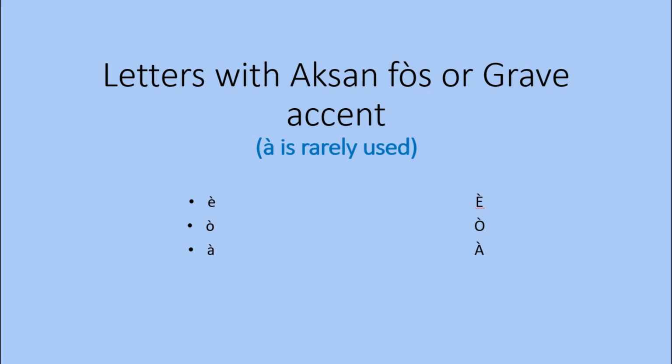The sound for the letter A in Haitian Creole is ah, okay? That's the sound. But if it has the accent, the sound changes, so the accent on the A can change the sound.